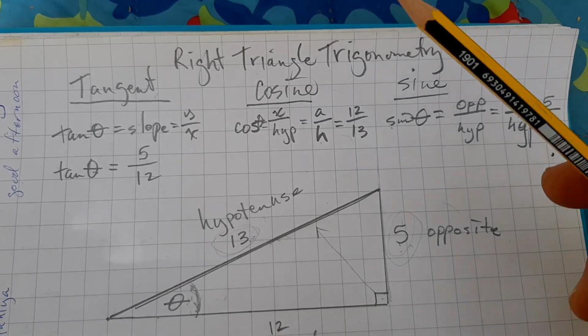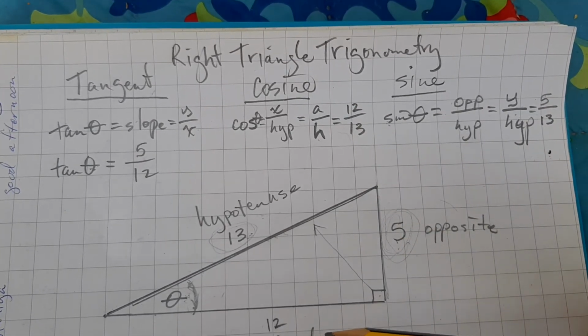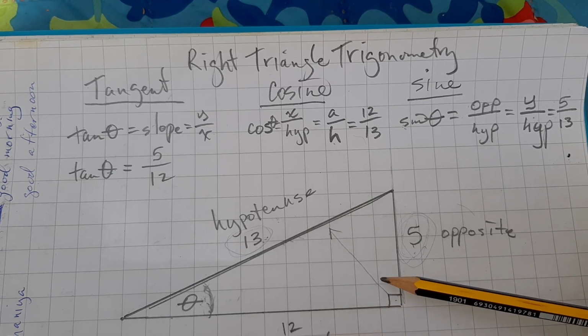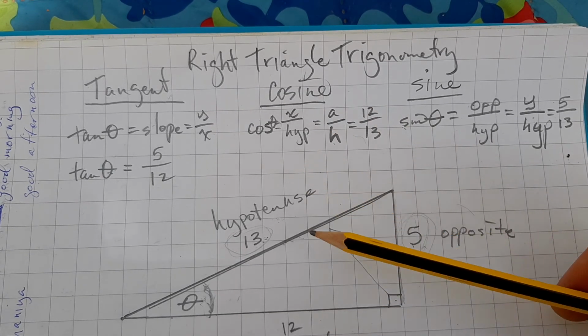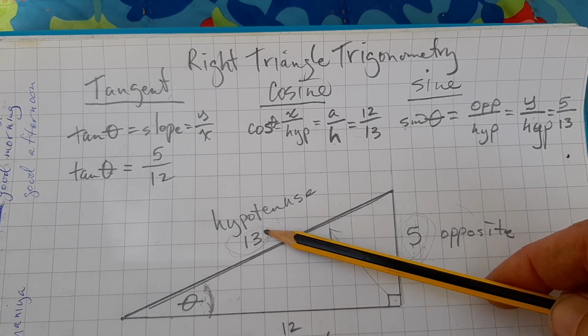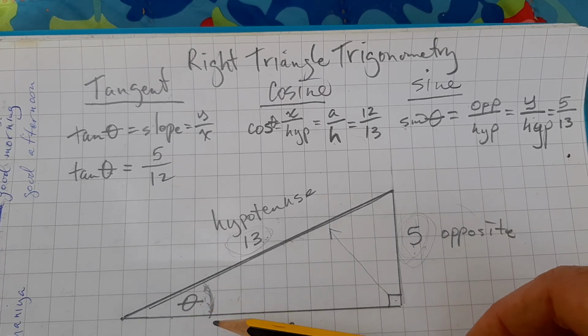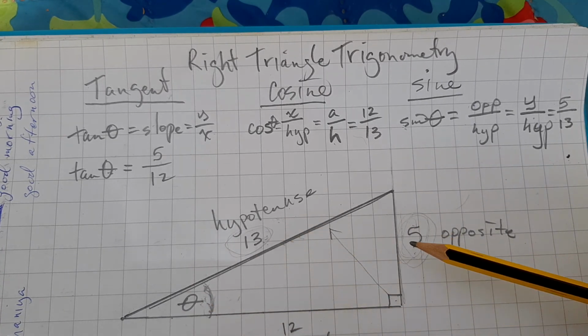Tangent is the slope, the opposite divided by adjacent, okay? Y over x. Cosine is the adjacent over the hypotenuse, 12 over 13. And sine of the angle, sine of theta, is opposite over hypotenuse, 5 over 13.